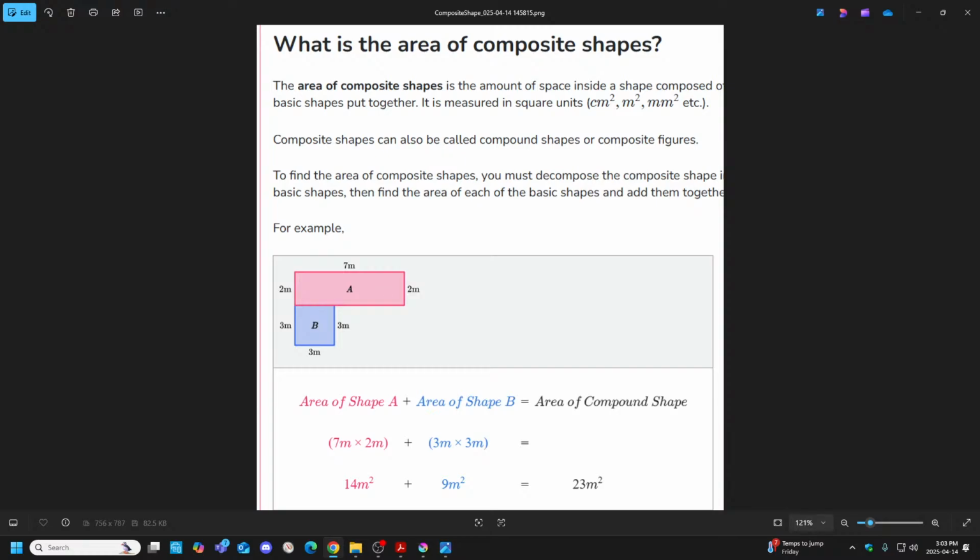Where are we here? Okay, key characteristics: combination of shapes. They are formed by combining two or more basic geometric shapes. Area calculation: to find the area of a composite figure, you often break it down into its constituent shapes, calculate the area of each, and then add them together.